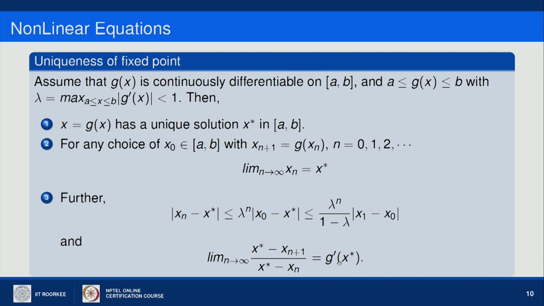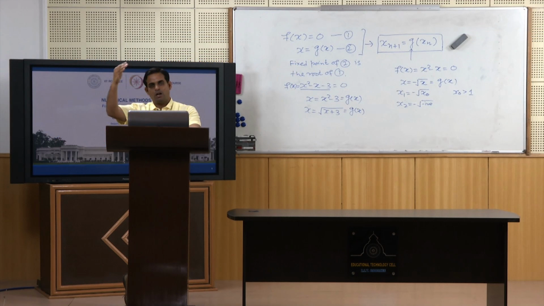It means when n is quite large, the limiting value of the error ratio, E n plus 1 upon E n, should be less than 1.